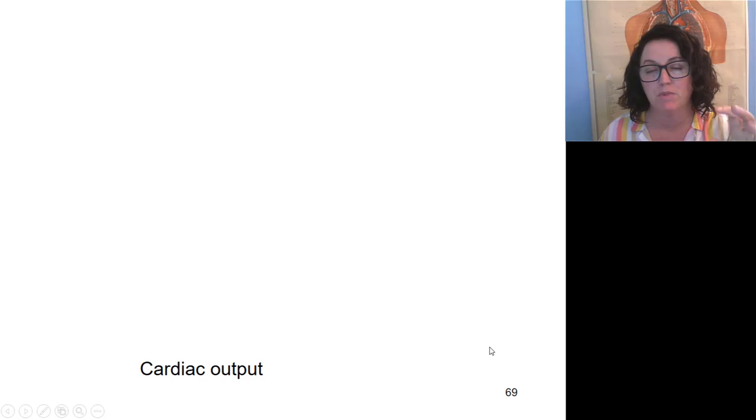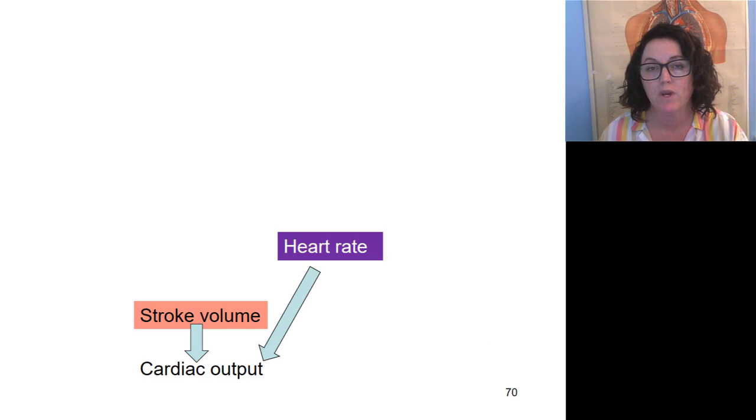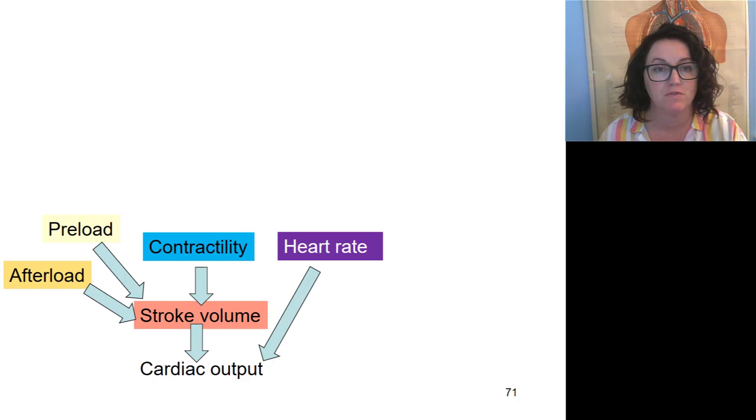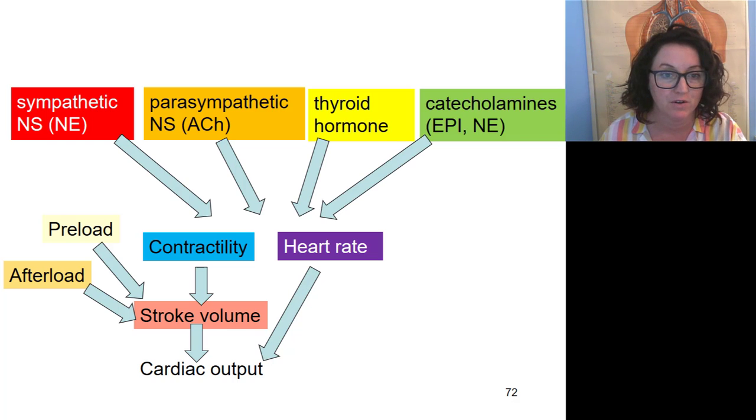All right, so ultimately we want to look at cardiac output. We know that cardiac output is determined by heart rate and stroke volume. We know that stroke volume is affected by afterload, preload, and contractility. Likewise, we know that contractility and heart rate go hand in hand. What affects the one affects the other, right?